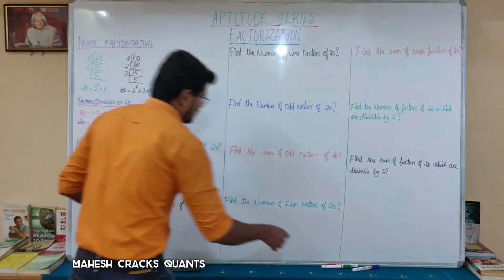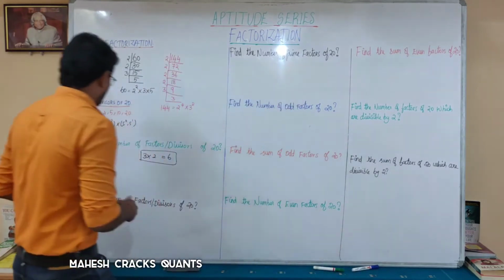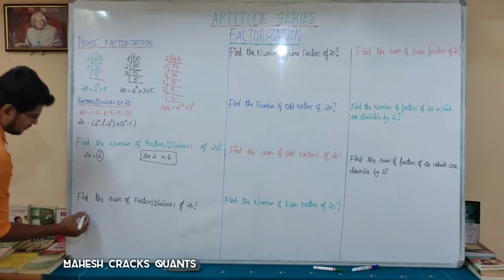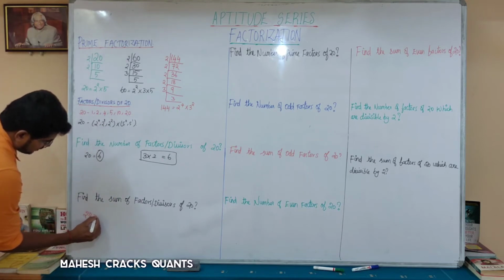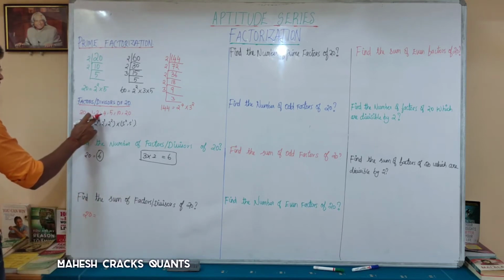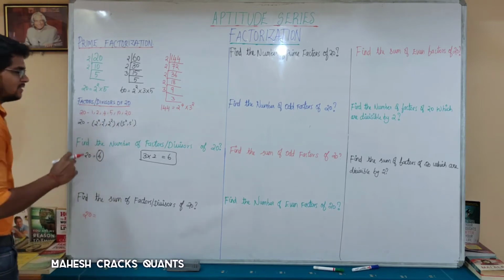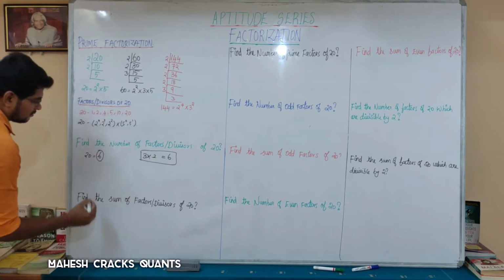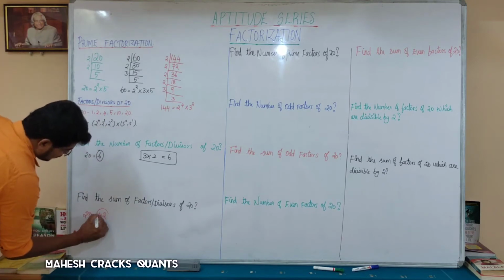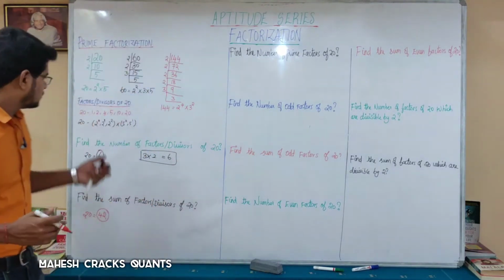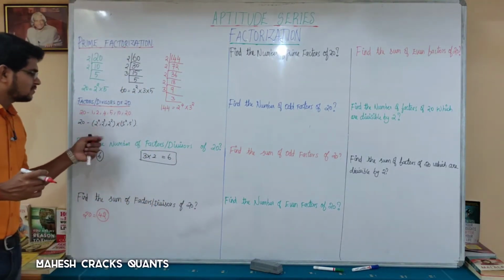When it comes to sum of factors, come here. Sum of factors means you have to add all these manually. First add all these. What will you get? 1 plus 2, 3, 3 plus 4, 7, 7 plus 5, 12, 12 plus 10, 22, 22 plus 20, 42. So using factorization, you have to sum.